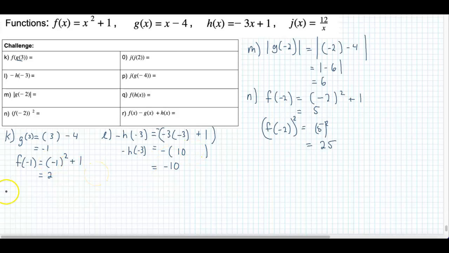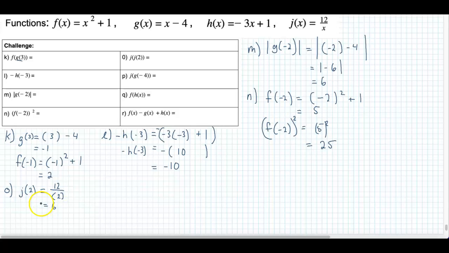All right, moving on to O. Hopefully I have some space here. So O is here: j of 2. Let's find out what j of 2 is first. That's the inside. J of 2 is equal to 12 divided by the input, and our input is 2, so that's 6.